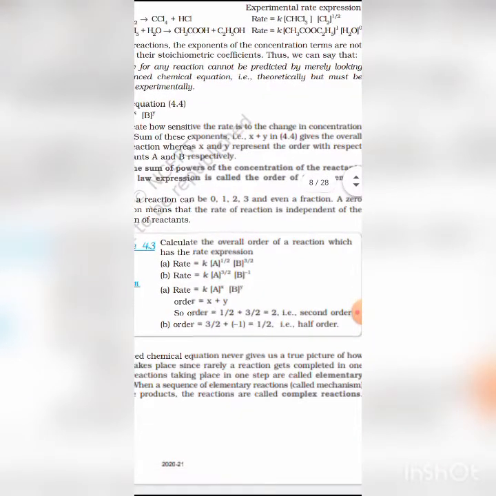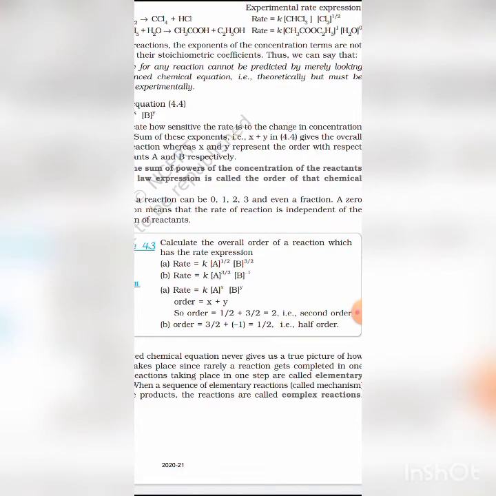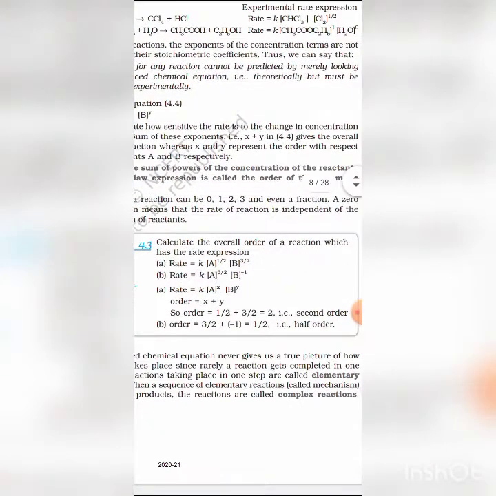Look here, there are many examples for order of the reaction. Here the rate expression is given. The first equation is rate equals K times the molar concentration of A to the power half into B to the power 3 by 2.